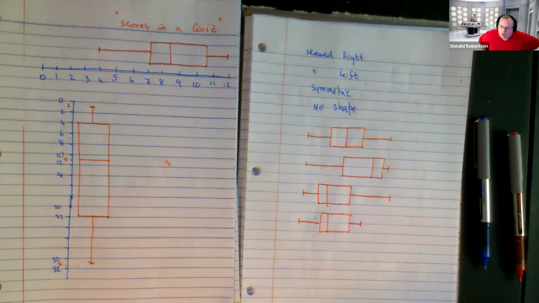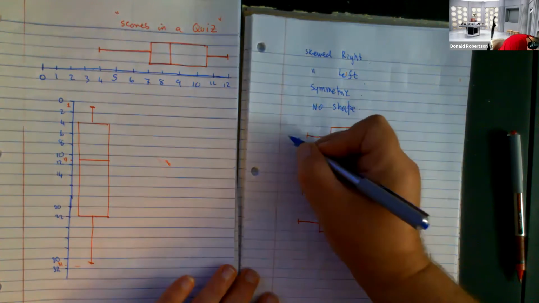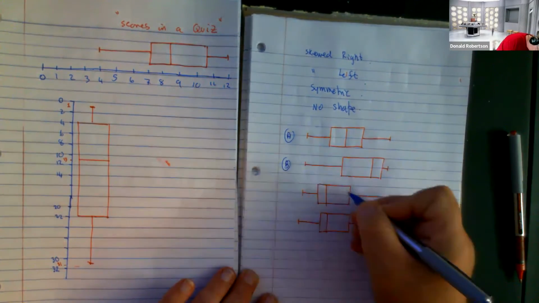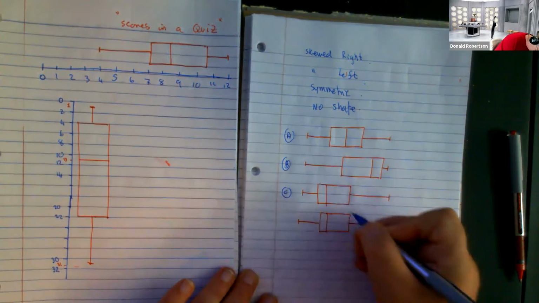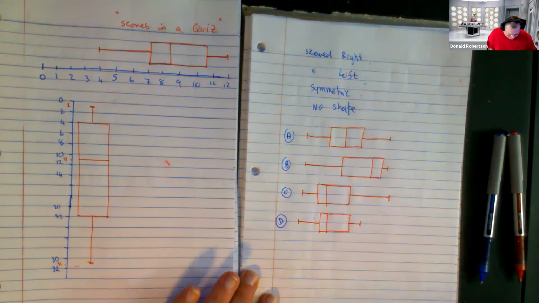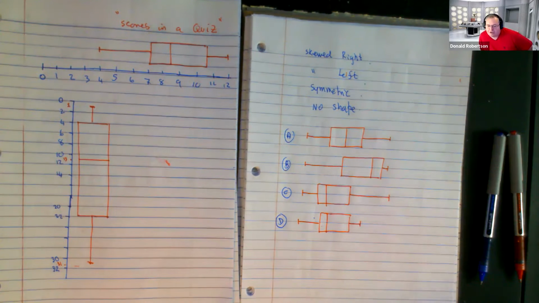Here are 4 different box plots, right? And let's put a label on them. This is A. The second one I'm going to call B. Third one I'm going to call C. And the last one I'm going to call D. Which one of those 4 is skewed to the right?